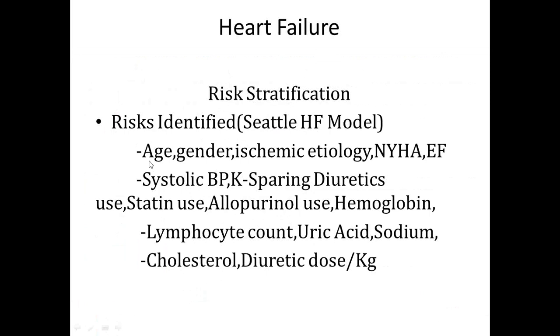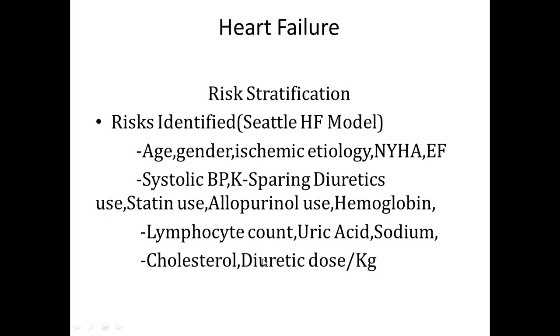So you look at the age, the gender of the patient, whether the heart failure is ischemic related, yes or no, New York Heart Association classification, ejection fraction, systolic blood pressure, potassium sparing diuretics if they're using it, statin use, that is if they're using any of the cholesterol medicine, allopurinol use, hemoglobin, the lymphocyte count, uric acid.